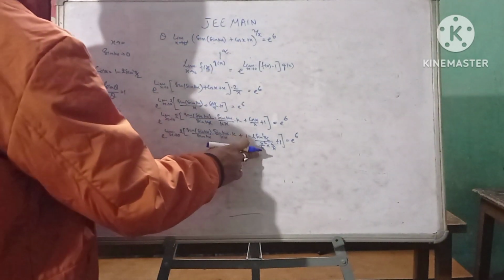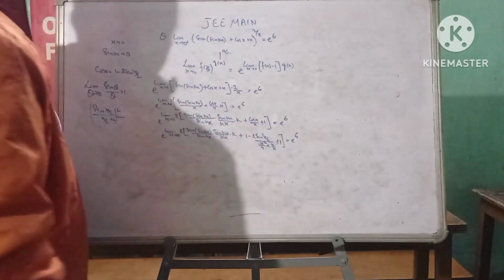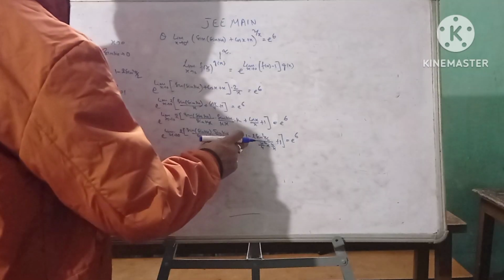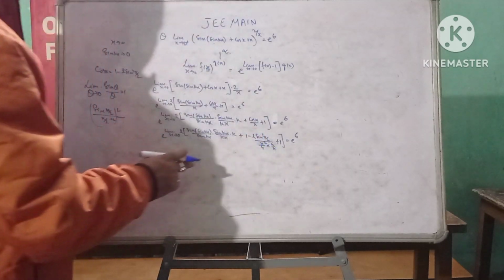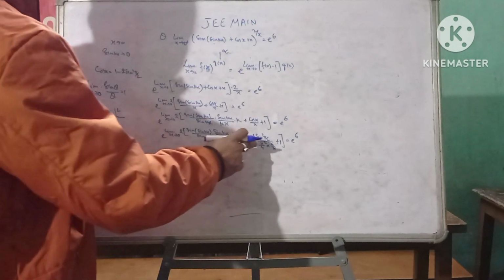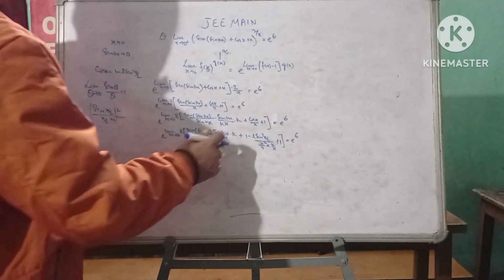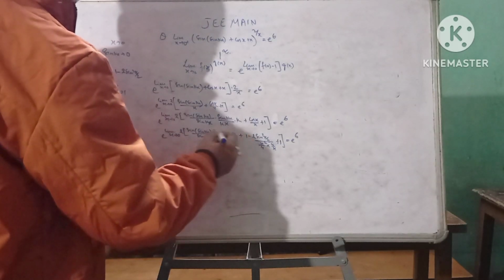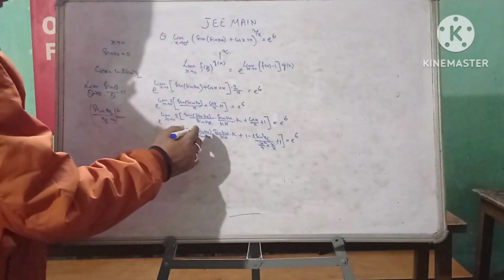Here we see that this x will go to the numerator, so when we take the value of the limit, this becomes 0. Only the 2k and 4 will be left.